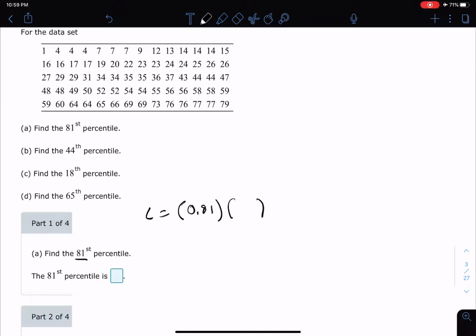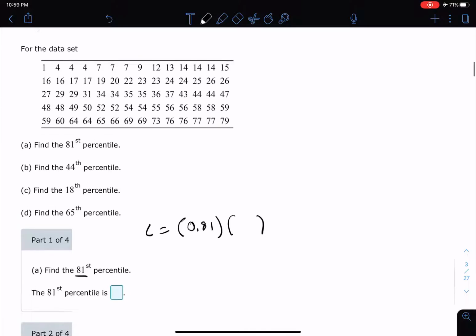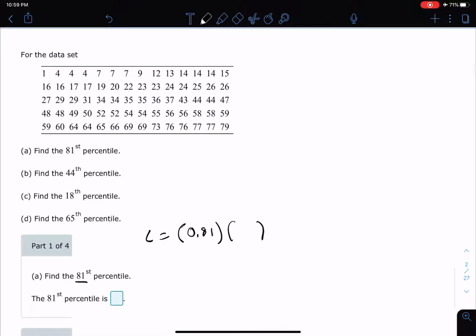When I count this up: 1, 2, 3, 4, 5, 6, 7, 8, 9, 10, 11, 12, 13, 14. So that's 14, and then we got 28. And then 28 plus 14 is 42. And then this is position 56 plus another 14.